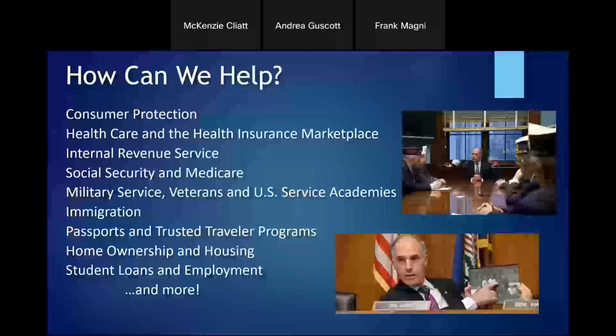This can include, but is not limited to, Social Security benefits, missing passports, IRS problems, VA benefits, immigration snags, SBA concerns, and more.